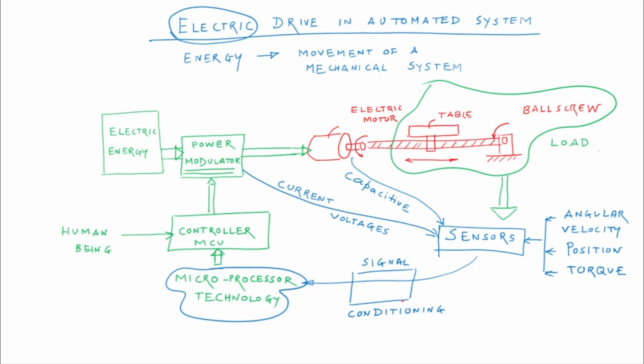So when we combine these elements together, we get the electric drive which is used in the automated system.